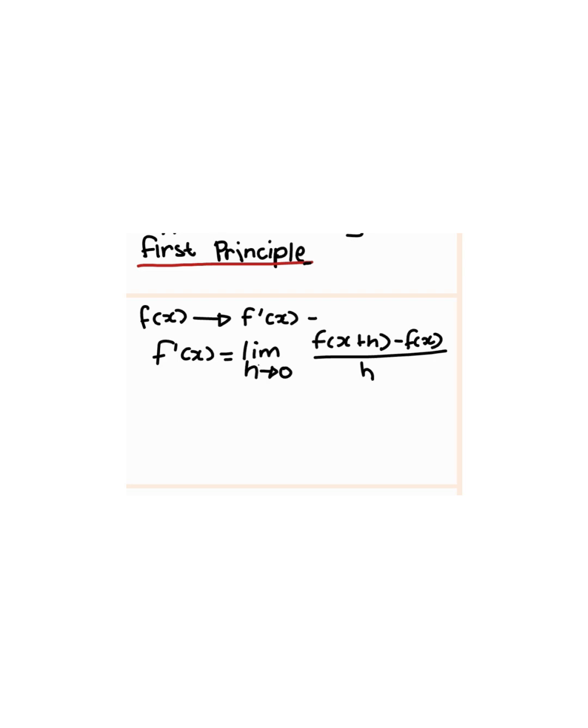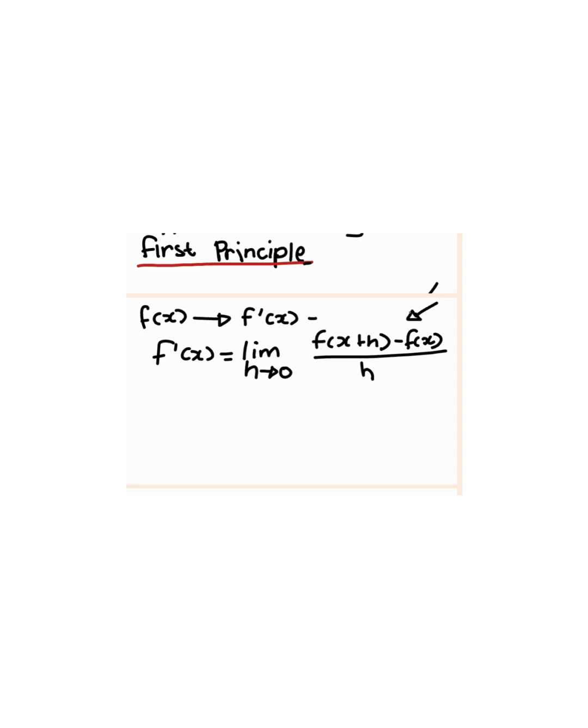It's equal to the limit as h tends to 0 of f at x plus h minus f at x over h. I'm going to explain this part now. The f at x plus h minus f at x, over h.